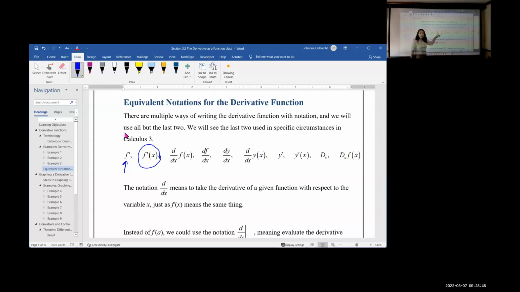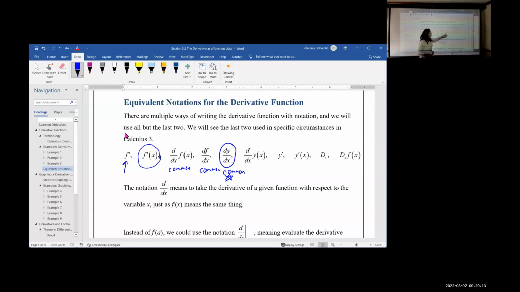Since f of x is really the y variable in a function, we can also write dy dx. This is a very common way of writing it. Actually, they're all fairly common, but this one is especially common.